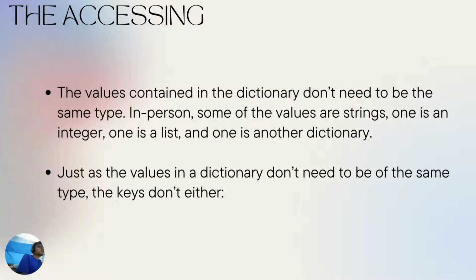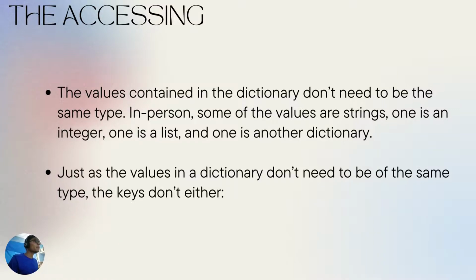Now, values contained in a dictionary don't need to be the same type. In person, some of the values are string, one is an integer, one is a list, and one is another dictionary. Just as the values in a dictionary don't need to be of the same data type, the keys don't either. So okay, you have understood. It supports multiple data types as keys and values.